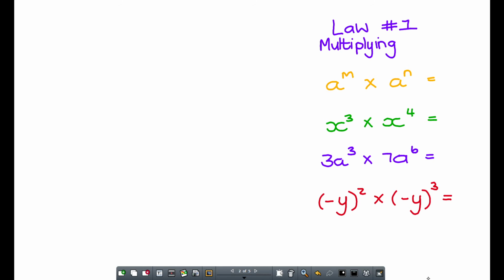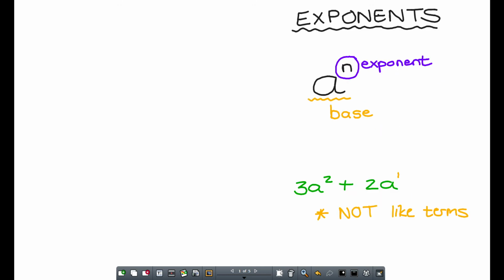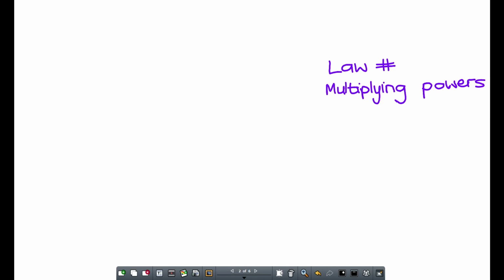Now, law 1 says that, number 1, base must be the same. I'm going to make a new slide, but you can just write it on the side of what I've got here. So law 1 means multiplying powers. What we need to know is base is the same.